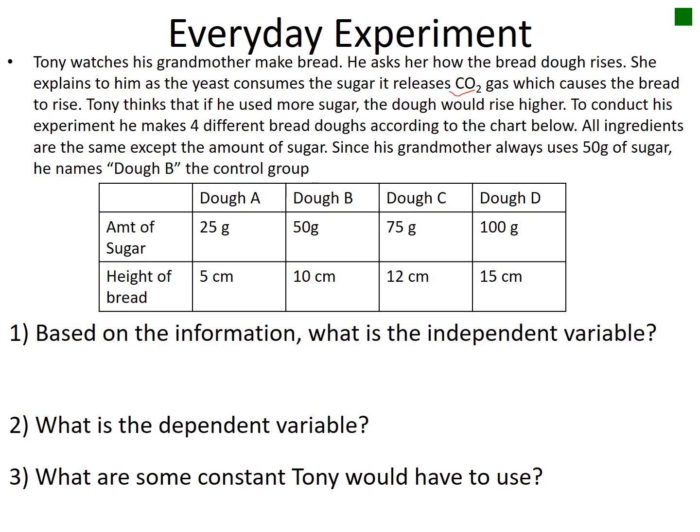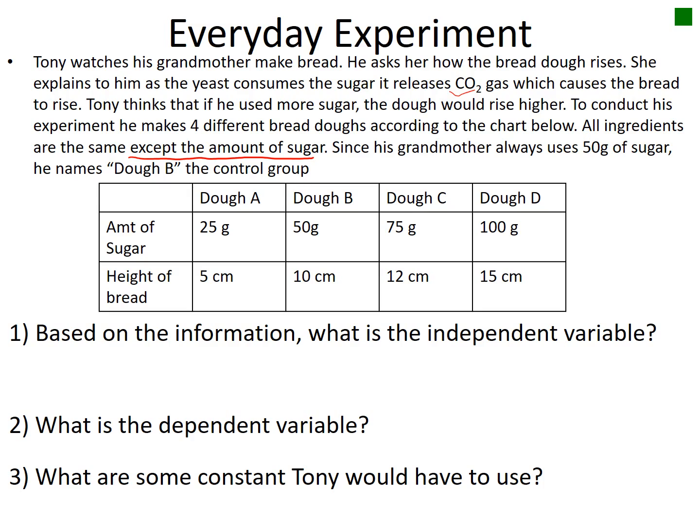Tony thinks that if he uses more sugar, the dough would rise higher. To conduct his experiment, he makes 4 different bread doughs according to the chart below. All the ingredients are the same except the amount of sugar. Since his grandmother always used 50 grams of sugar, he named dough B as the control group.